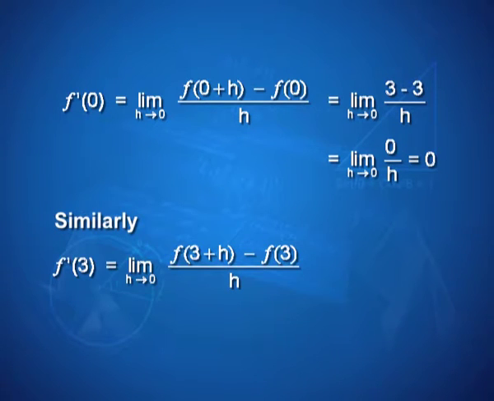Similarly, f'(3) = limit [f(3+h) - f(3)] upon h as h tends to 0, which simplifies to limit (3 - 3) upon h as h tends to 0, which is equal to 0.